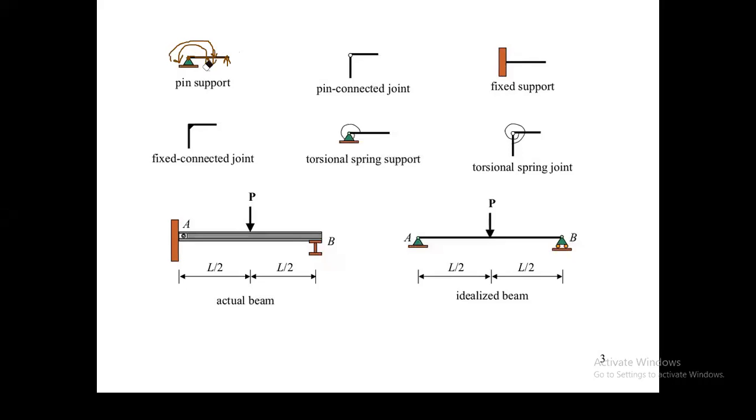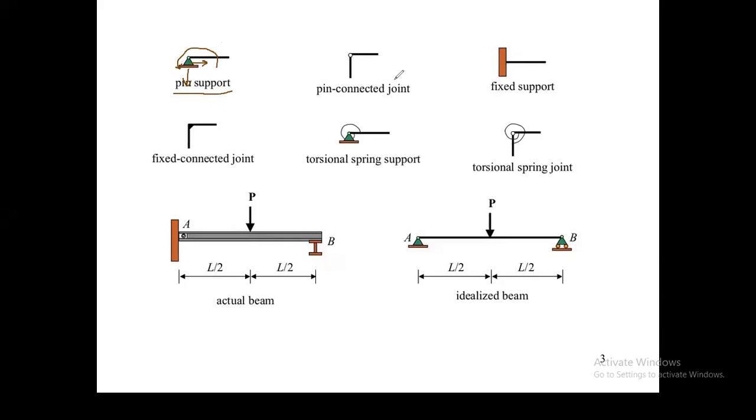It cannot be displaced in the vertical direction, and it cannot be displaced in the horizontal direction, but it can only be rotated in the clockwise or anti-clockwise direction. That is a kind of pin support connection.